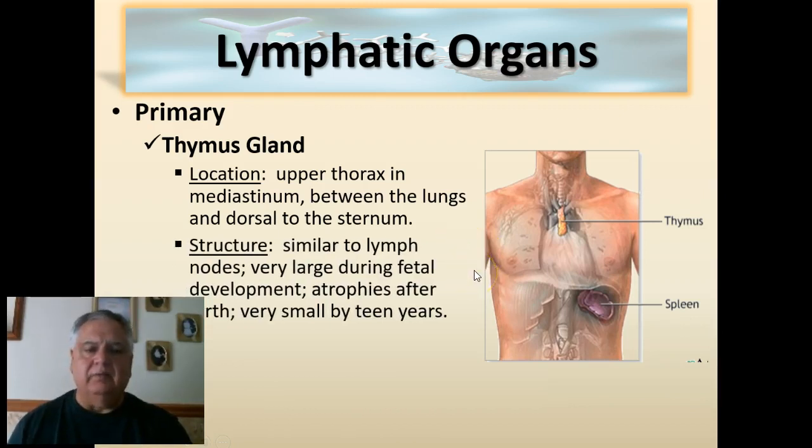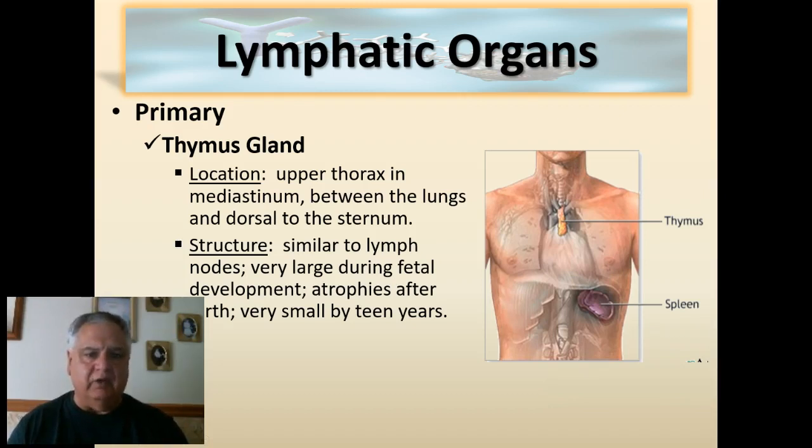Structurally, the thymus gland is very similar to the structure of lymph nodes. Now, I know at this point you don't know what the structure of a lymph node is, but very shortly we'll be discussing that structure. The thymus gland is very large during fetal development, while the child is developing inside the mother's womb.